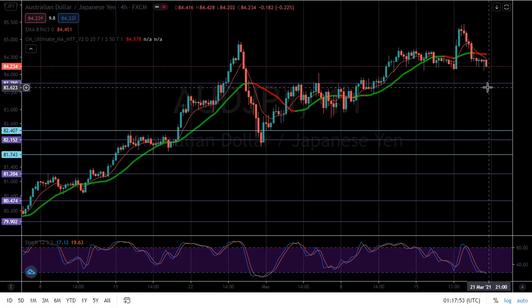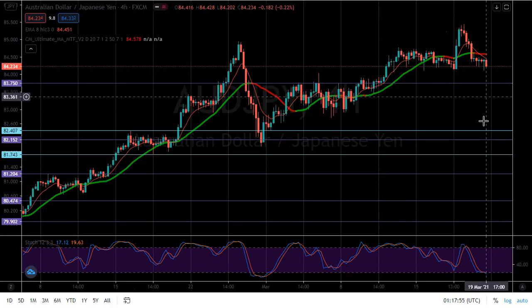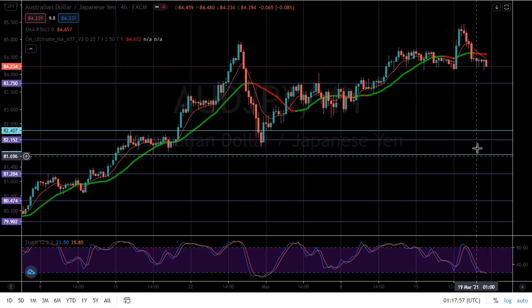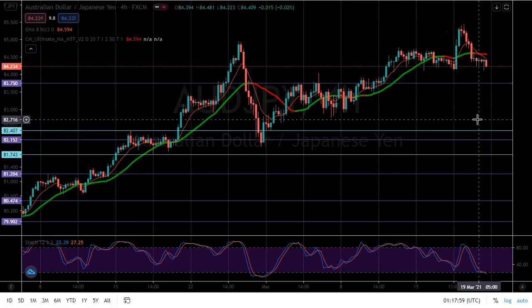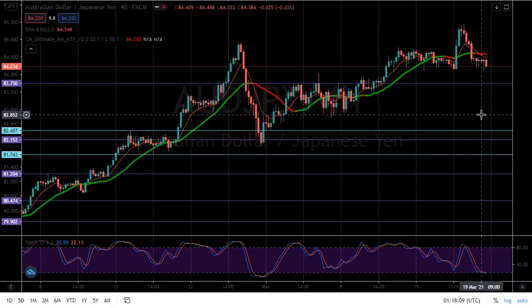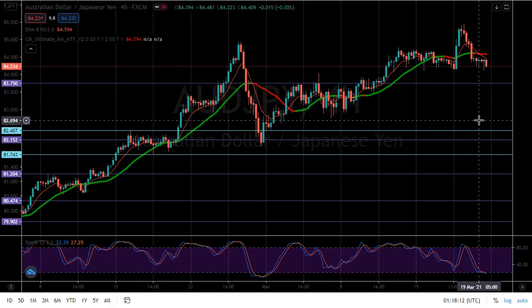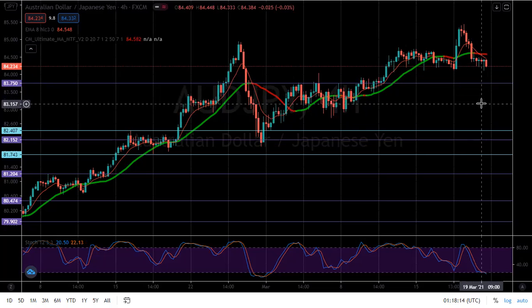But most likely, I think I see price come into as low as the 82.65 area, around this area, before any move to the upside. So we might have a bounce around here, but basically price is aiming for this zone, and the next key level is the 82.40 handle.